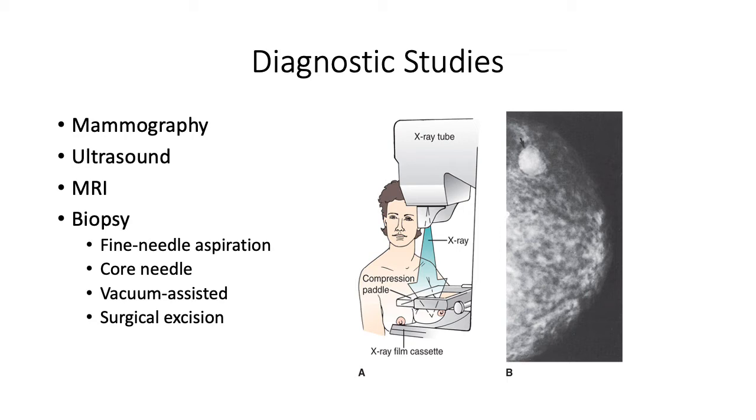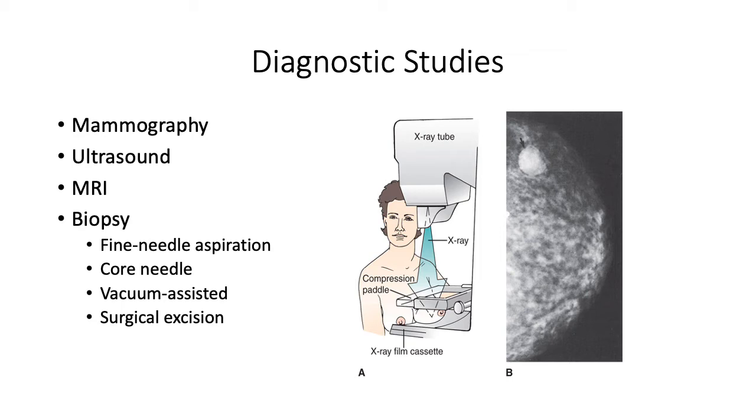Other diagnostic studies include ultrasound. Ultrasounds can be used to determine if the area of concern is a fluid-filled cyst or a solid mass. MRIs are useful in differentiating benign from malignant tissue, especially in women with dense breasts or scar tissue from previous surgeries.